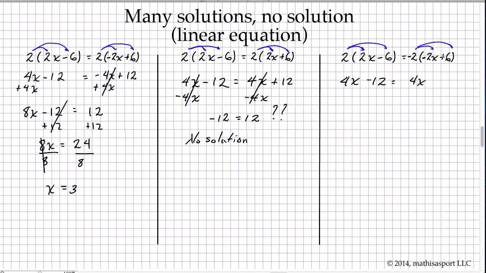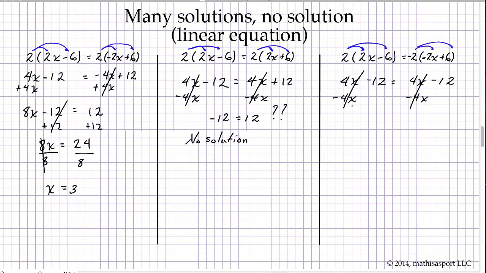And then negative 2 times 6 is minus 12. Okay, again I want to get all of the x's together, and so I'll subtract off 4x, but I have to also do that here.